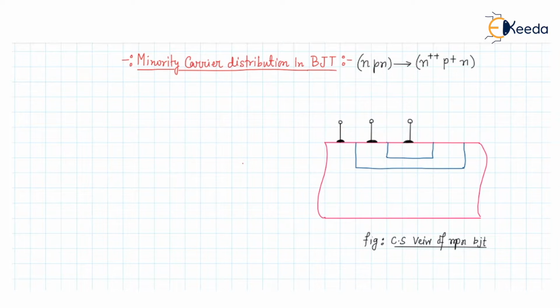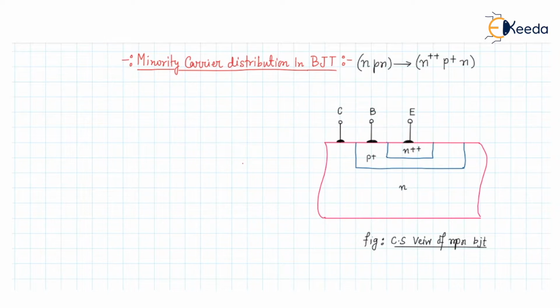This part is the N plus plus region, this is the P plus region, and this is the N region. The terminal at the N plus plus region is the emitter, the terminal at the P plus region is the base, and the terminal at the N region is the collector.